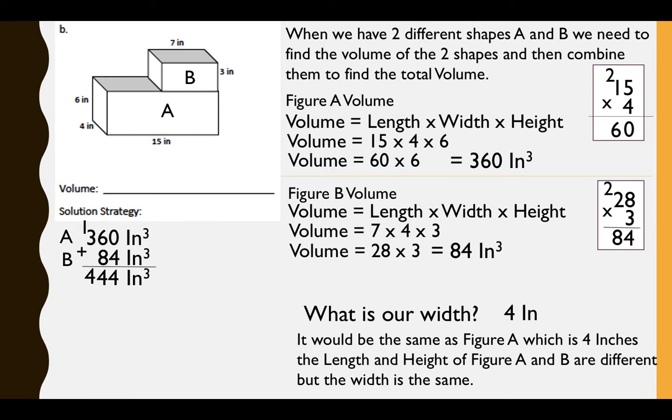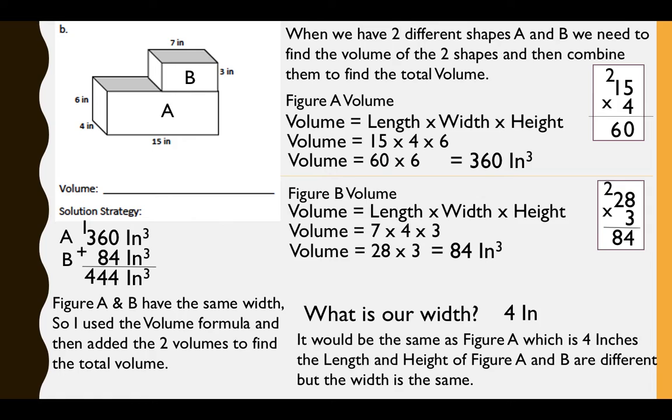So in my volume line up top, I can go ahead and write 360 inches cubed plus 84 inches cubed equals 444 inches cubed. So figure A and B, like we said, have the same width. So I used the volume formula of length times width times height to find the two separate volumes, and then we added the two volumes to find the total volume of A and B altogether.